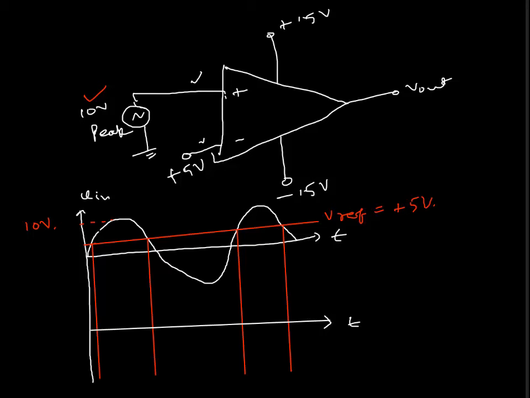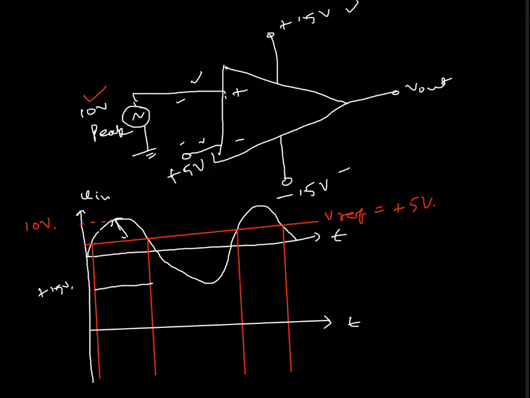If this terminal value is less than this, the output will be minus Vsat. In this range, the input voltage is more than the reference point, so the output will be plus Vsat or plus 15 volt here and here.